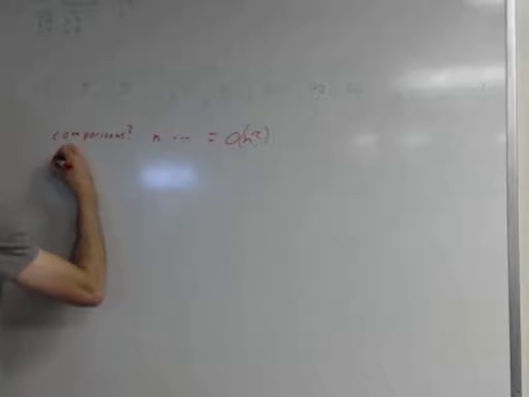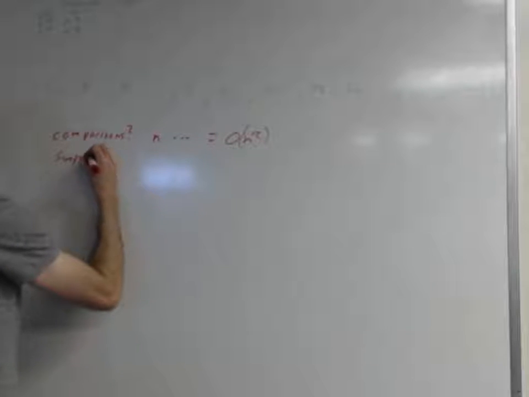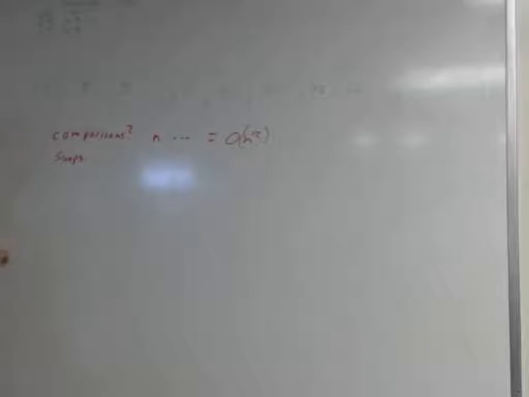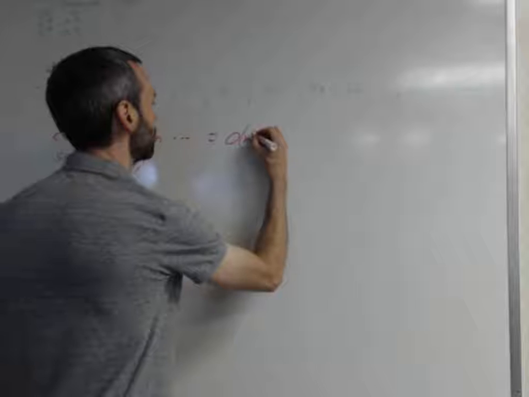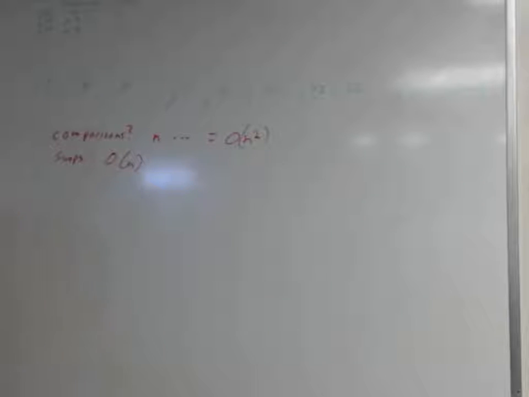How about swaps? How many swaps did we do? 1, 1, 1. How many times do we do a swap of 1? N times, so O of n. So the swaps was O of n, and the comparison's n squared.